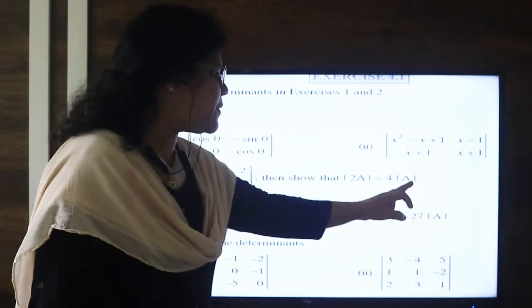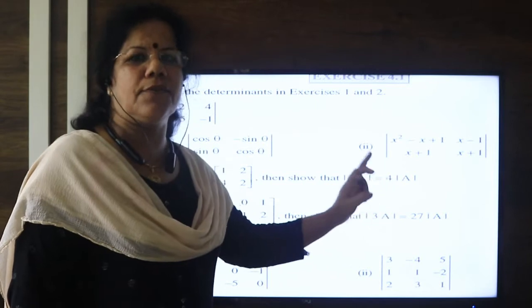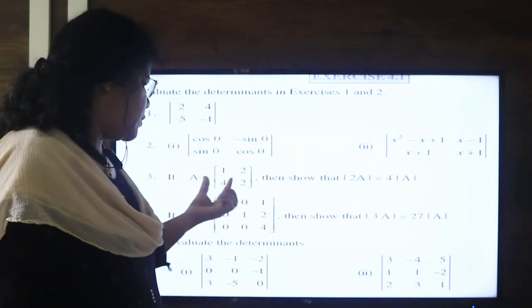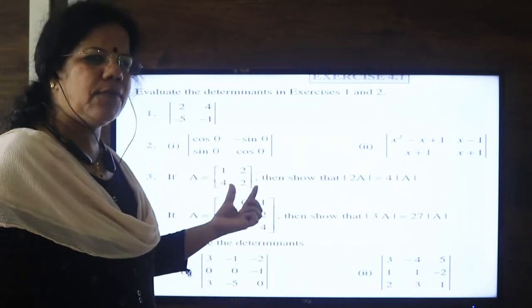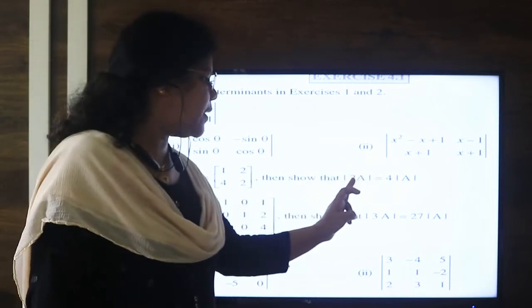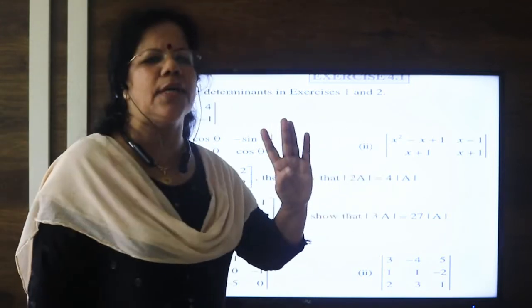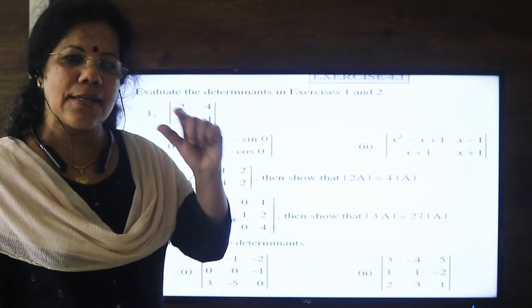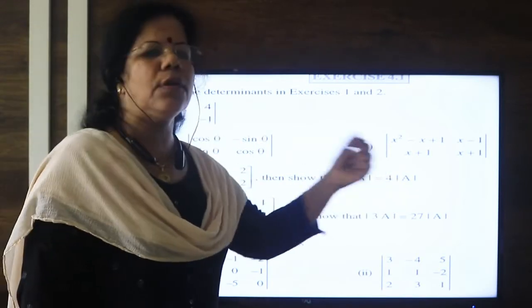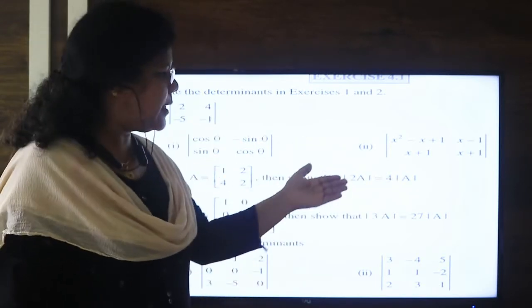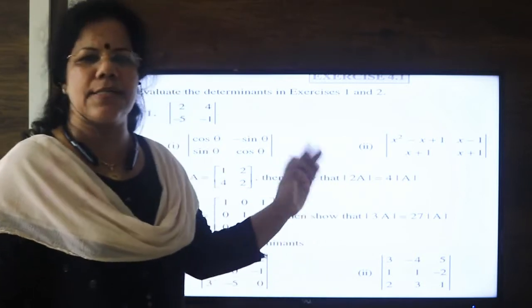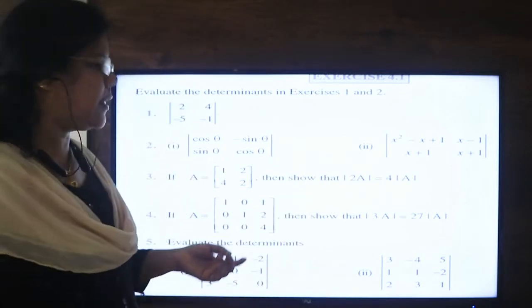Then that negative 6 into 4 is negative 24, and if you take the 2A matrix first and then evaluate, it will be the same. But see the relation between this 2 and 4, and whether there is any other relation depending upon the order of the matrix. In the next, there is some property, some theorem, that we will discuss thoroughly later.